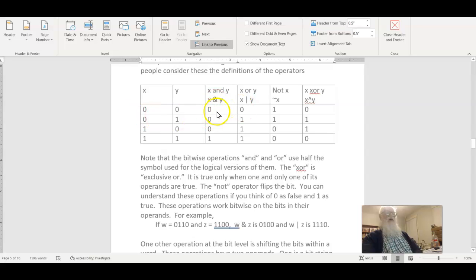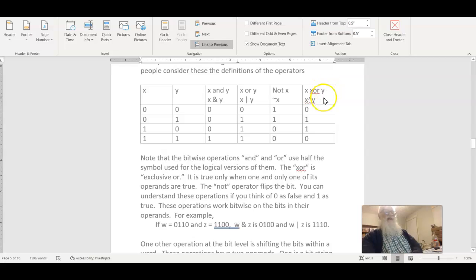AND requires both of them to be 1, so you can think of 1 as true. OR requires any one of them to be 1, or both of them 1. Not simply flips a 0 to a 1 and a 1 to a 0.